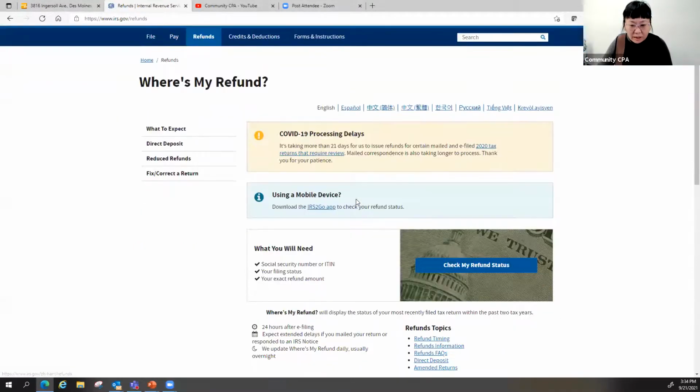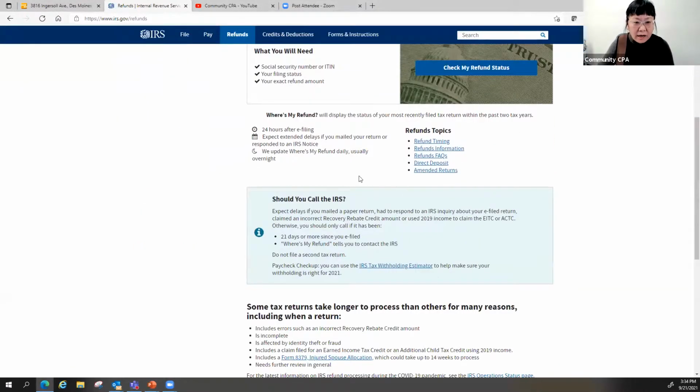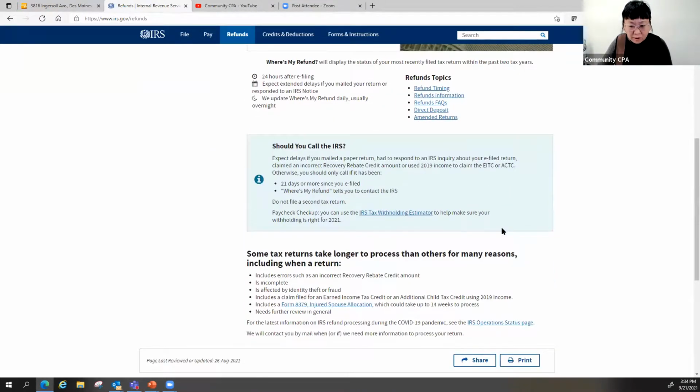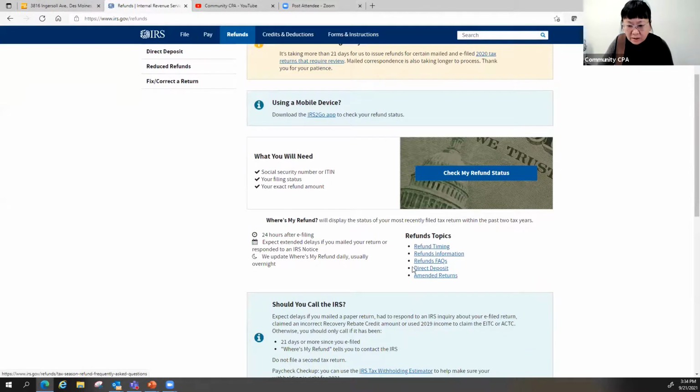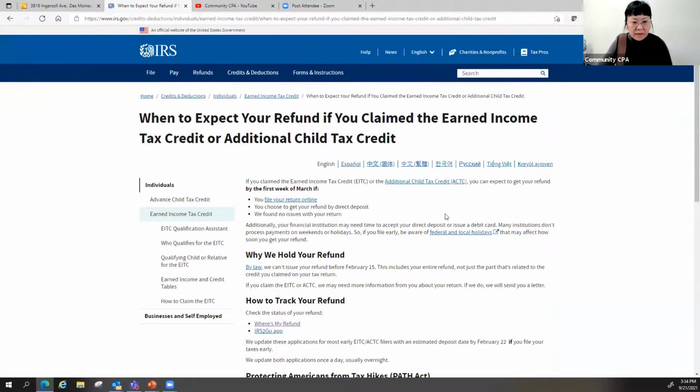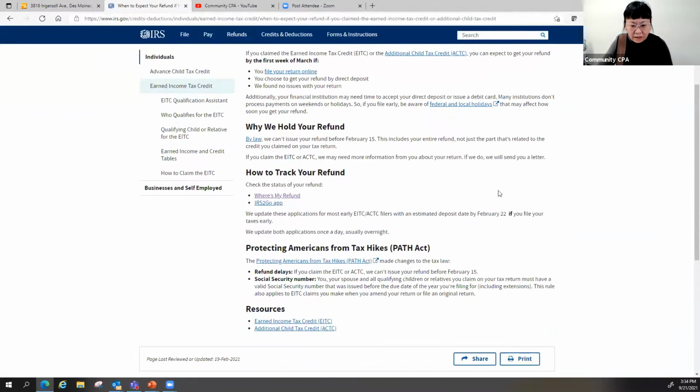I came here the other time looking for a number, because there was a question from another tax preparer. Check my status, and see where we go for the number: refund timing, information, frequently asked questions, amended refund. Let me click refund timing to see whether I can find a number over here.